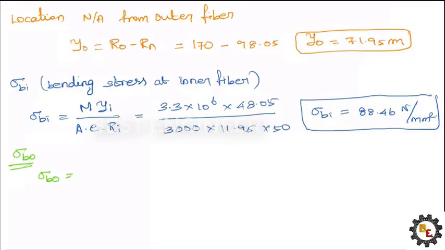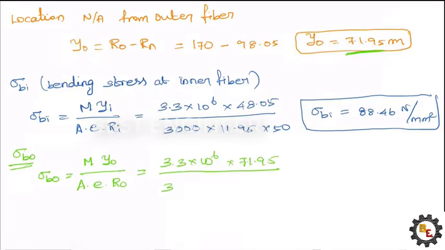Bending stress at outer fiber. The formula is bending stress at outer fiber equal M into Y0 divided by area into eccentricity into outer radius. Let's write the values: 3.3 into 10 power 6, Y0 value 71.95, divided by area 3000 into eccentricity 11.95 and here we should put outer radius 170.